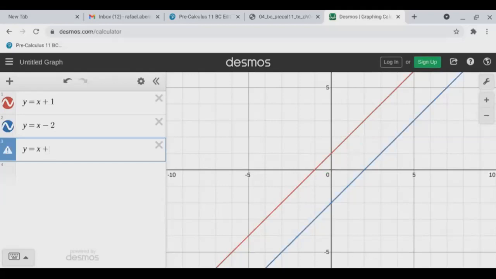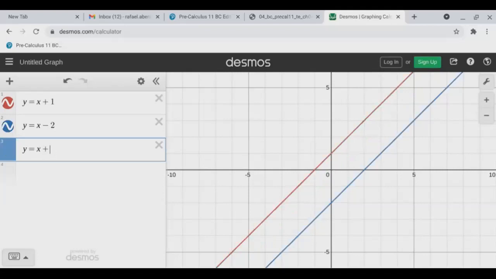When it was y equals x, it was a diagonal cutting through quadrants 1 and 3. Now, when I added 1, where did it go?